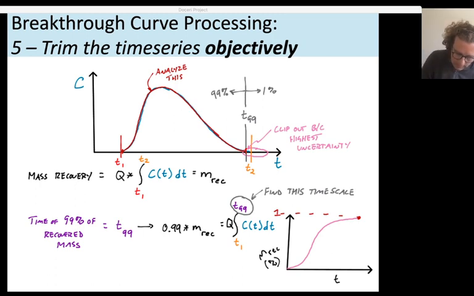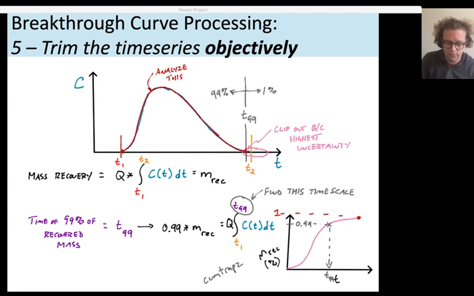And your T99, you could find the time at which this crosses 0.99, read down, and that will be the T99 that you want to record. So you can solve the equation for it, or you can do it in sort of a graphical method by estimating that cumulative integration. In MATLAB, cumtrapz, for example, is a good function to use, though you can write a trapezoidal integration yourself quite easily.